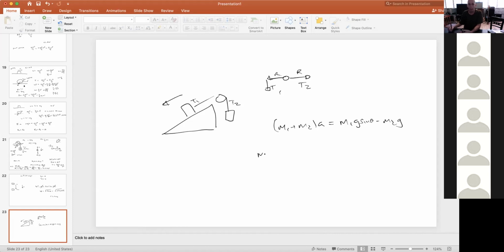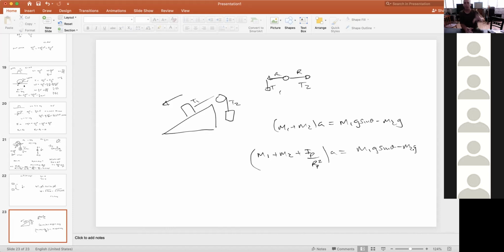If the pulley does exist, what you'll end up with is I of the pulley divided by R of the pulley squared, plus M1 plus M2, times a is still M1 g sine theta minus M2 g. If you do it the way I showed you, and we'll do these in the lecture tomorrow, you'll get this. And basically what it's saying is now if the pulley can rotate, then it also has some mass.